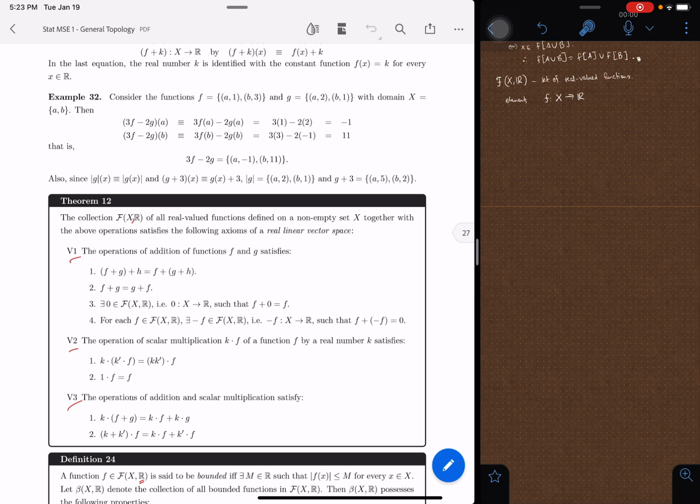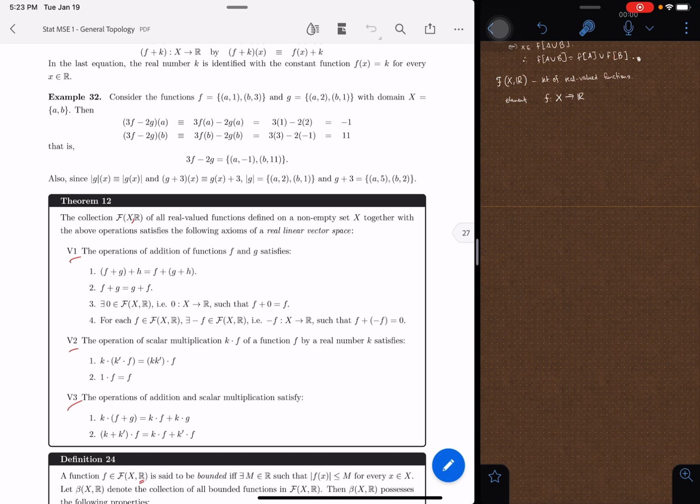Again, X here is the set containing A and B. Since F and G have the same domain X, and they are both real valued functions, then we can operate on them. So for example, 3F minus 2G evaluated at A will just be 3 times F of A minus 2 times G of A. It's that simple, class.